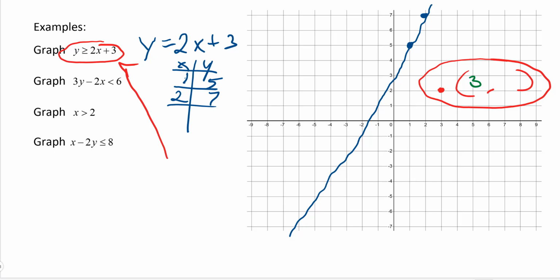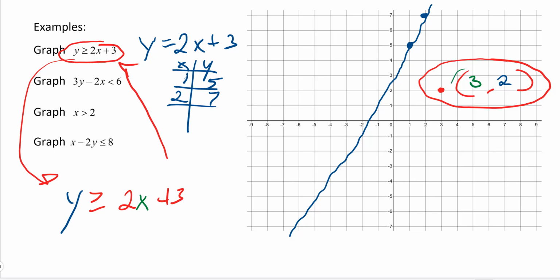I'm going to make the y coordinate blue. So I'm going to copy down my equation. I have y is greater than or equal to 2x plus 3. I'm going to take the x in the equation and make that green, and the y in that equation and make that blue, kind of matching what I did before.